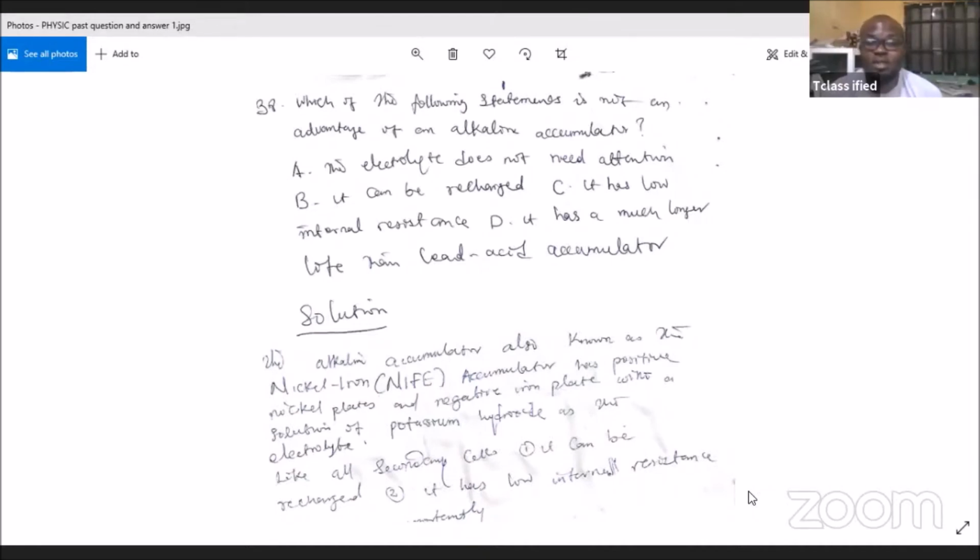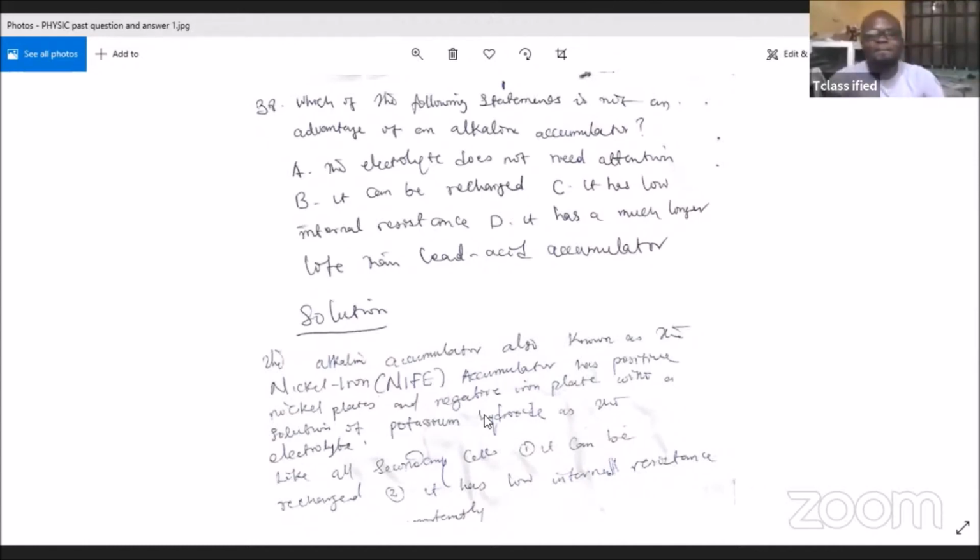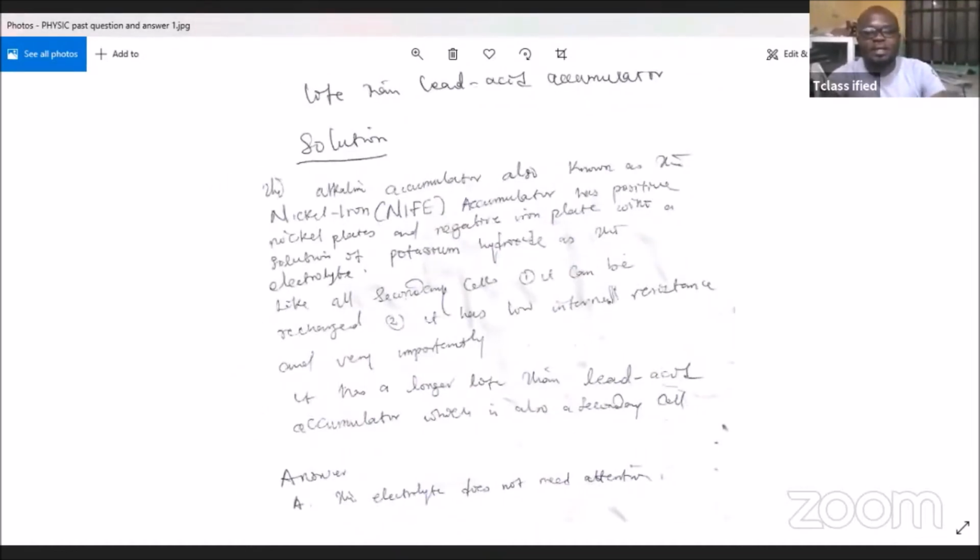If something has longer lifespan, that means it's durable, it's good for work. Yeah, the electrolyte does not need attention. Yeah, that's what it is. Okay. So let's move forward.